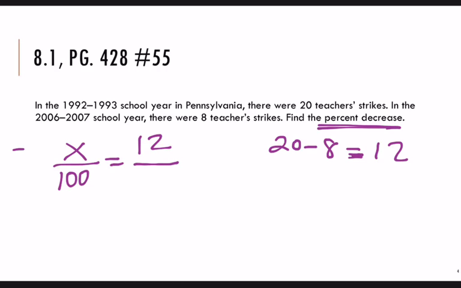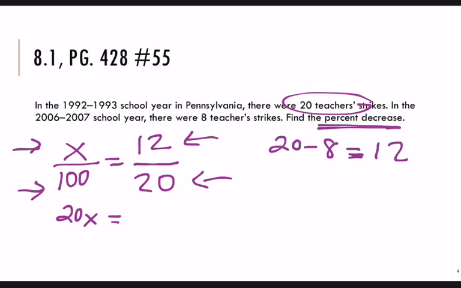Okay, so in the numerator here, we have percent decrease, amount of decrease. The bottom here is the total percent, and then over here should be the total number of strikes. Well, we have two options. We have 20 and 8, and you always choose the original amount. So if the percent has decreased, then we're looking at the first school year. That's going to be the original or the old amount, the 20. Okay, cross multiply.